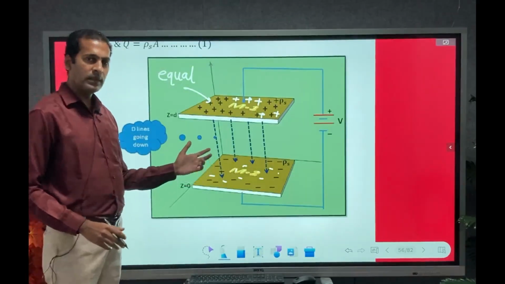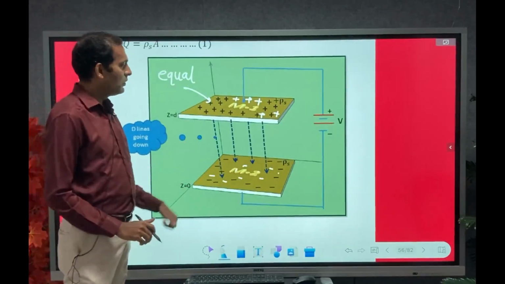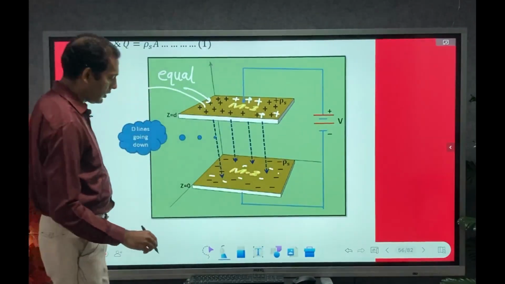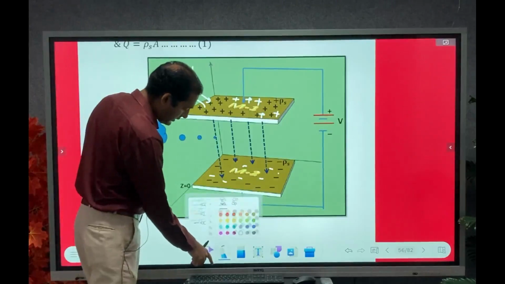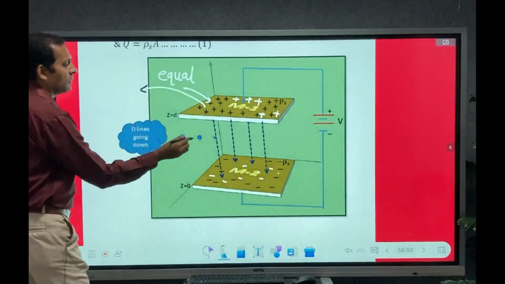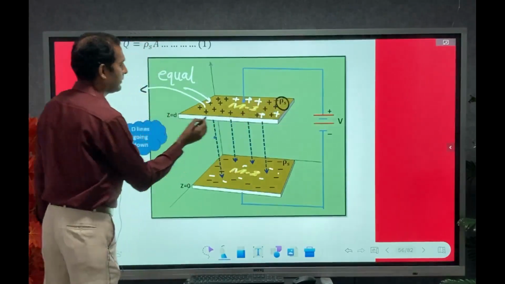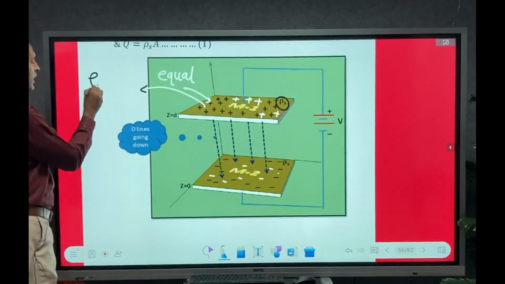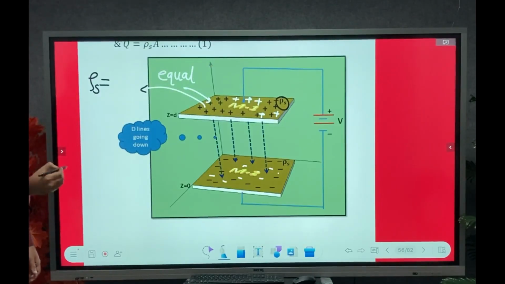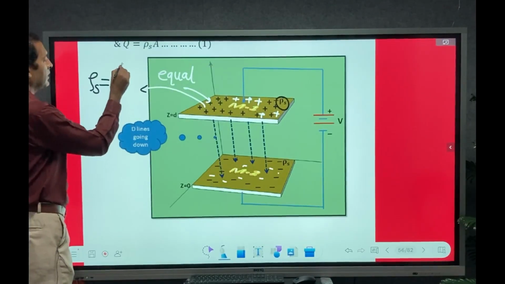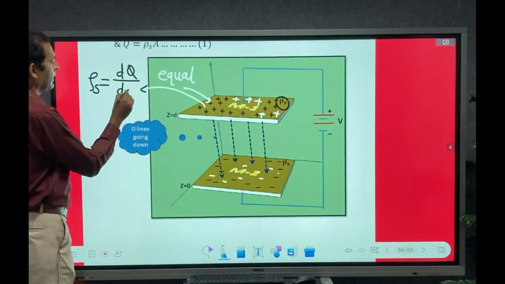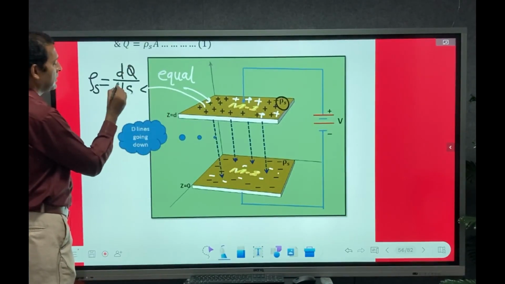Now as this is a surface charge, we have to relate it with the surface charge density, rho s. What is rho s? Surface charge density is nothing but dq by the differential surface.